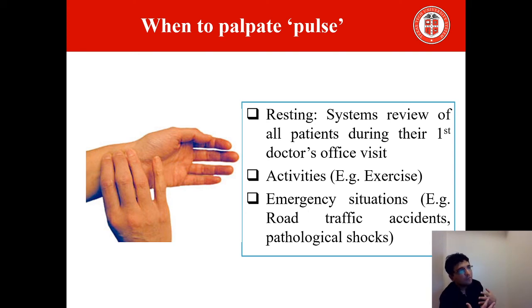So there are a lot of other abnormal pathological conditions where palpation of peripheral arteries is important. In cases of peripheral vascular diseases, Buerger's disease, etc., it's also important to know the vascularization of different parts of the body.